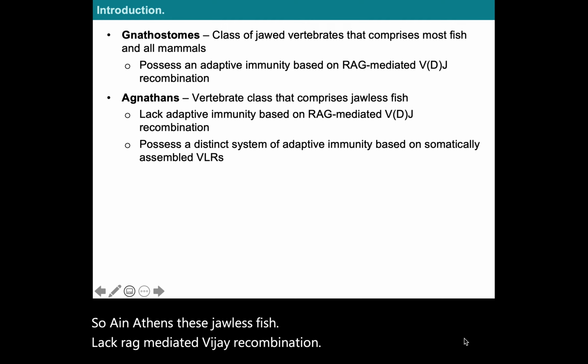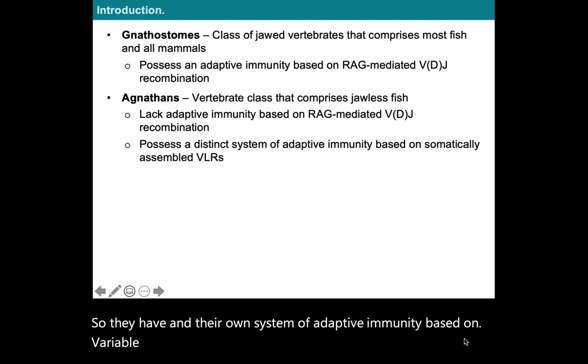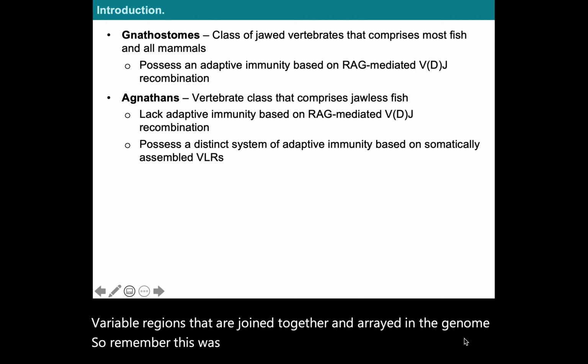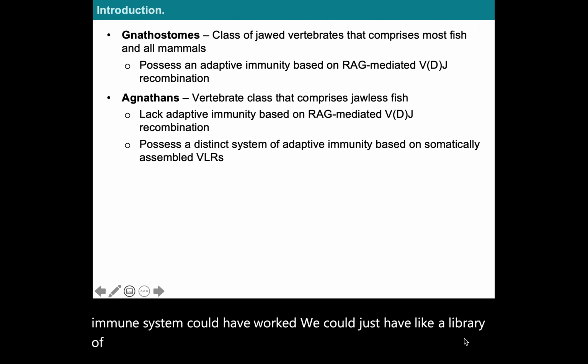So they have their own system of adaptive immunity based on variable regions that are joined together and arrayed in the genome. You remember this was the idea that this is another way that the immune system could have worked. We could just have a library of 500 pre-made antibodies and select the right one and go with it.